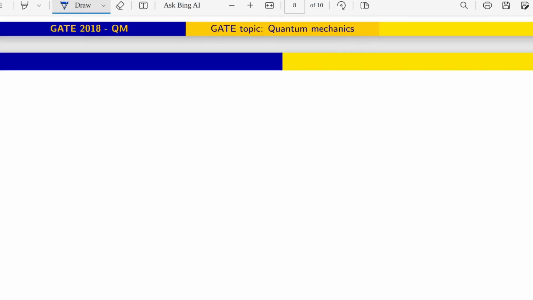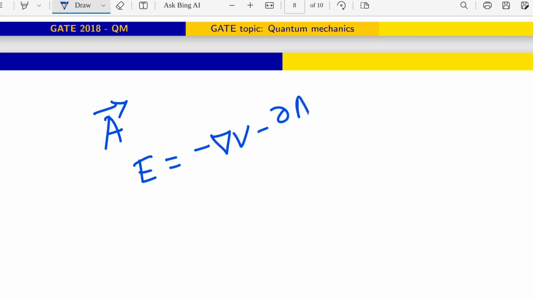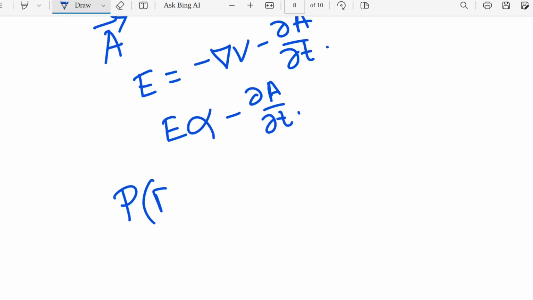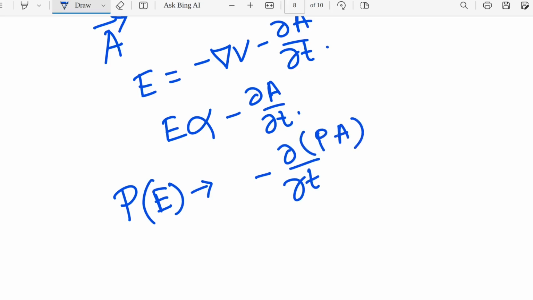Now coming to the next one, the magnetic vector potential A. From the Maxwell equation I can write E equals minus grad V, del V del R, minus del A del T. Now we can see that E is proportional to minus del A del T. From parity, we already know that P of E is minus E, and T obviously does not change under parity.